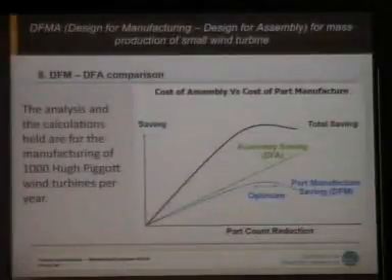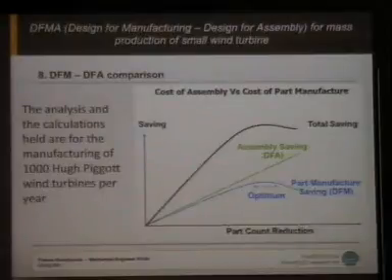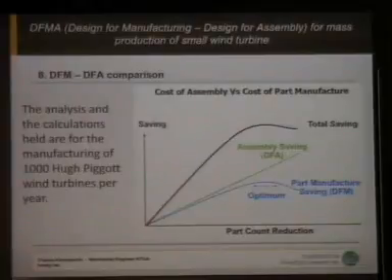This is the comparison between DFM and DFA as for saving and part count reduction. As you can see, if you do a lot of DFA analysis, you get less and less part count reduction, but as for DFM, there is an optimum.